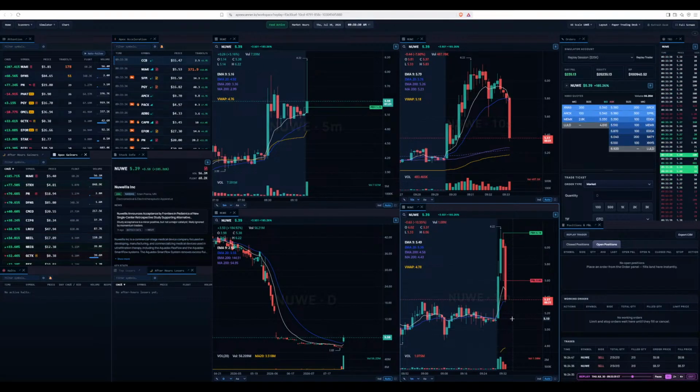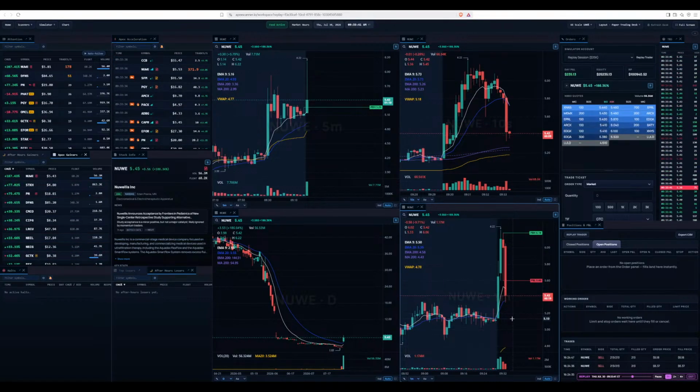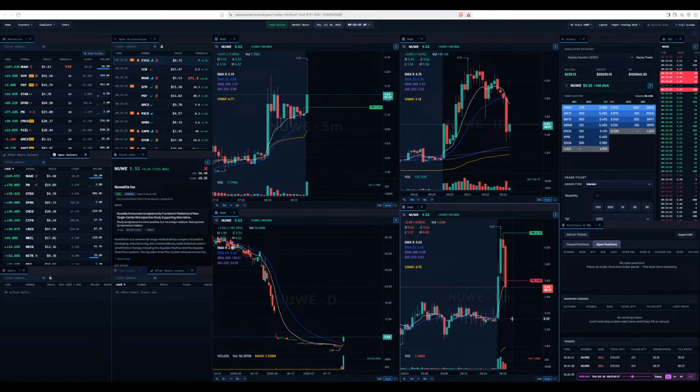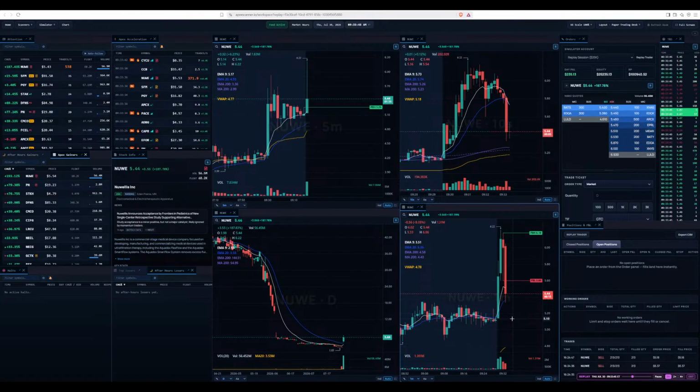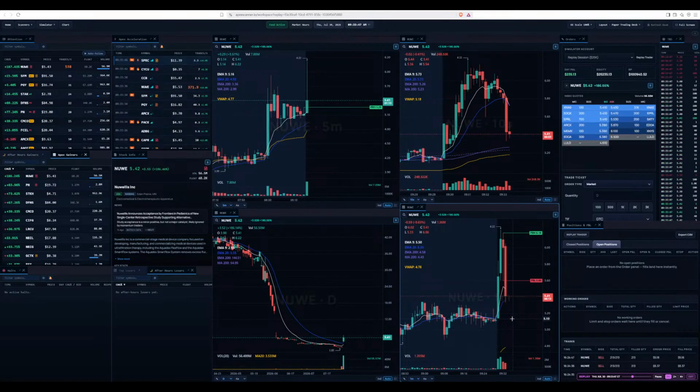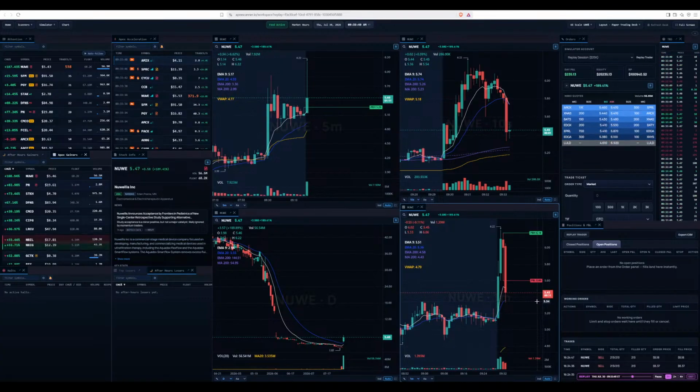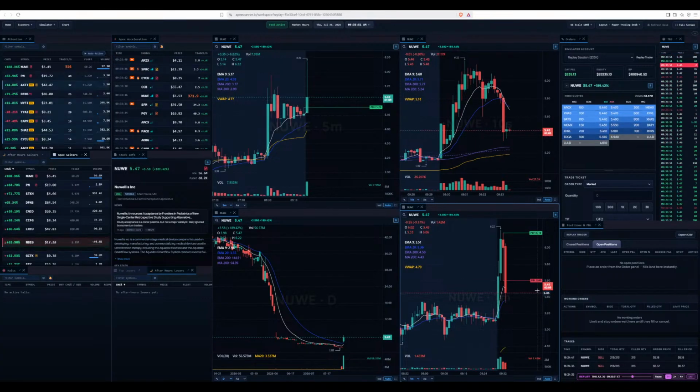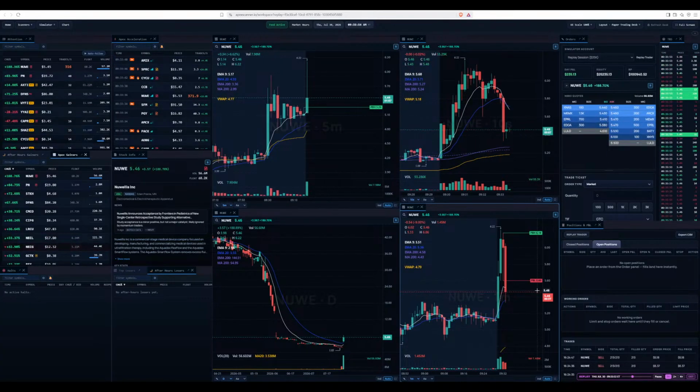So 4.61 is where the halt down is. Wow, even the bounce, it went from 5.33 to 5.45. Even the bounce is 10 cents.